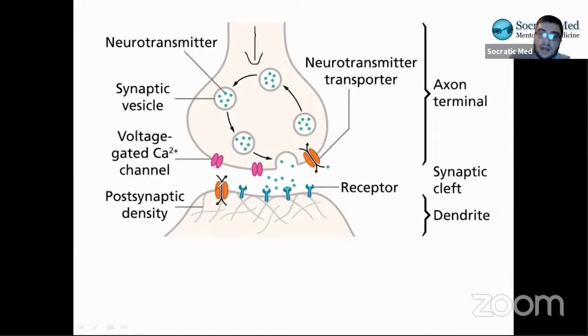And what they do is they activate this little orange channel. This orange channel is also a sodium channel. And when it's activated, it allows sodium to flow into the cell. Once sodium flows into the cell, it begins an action potential here that flows down through the muscle fiber.